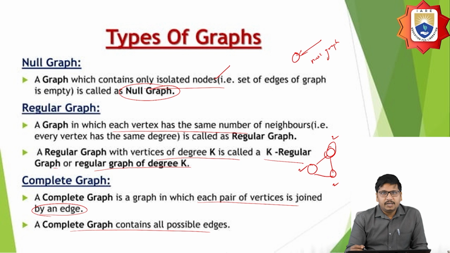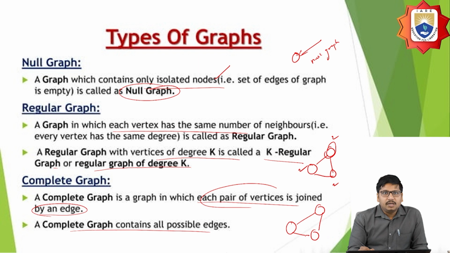A regular graph with vertices of degree k is called a k-regular graph, or a regular graph of degree k. Then what is the complete graph here? A complete graph is a graph in which each pair of vertices is joined by an edge. So a complete graph contains all possible edges. So this is not a complete graph.